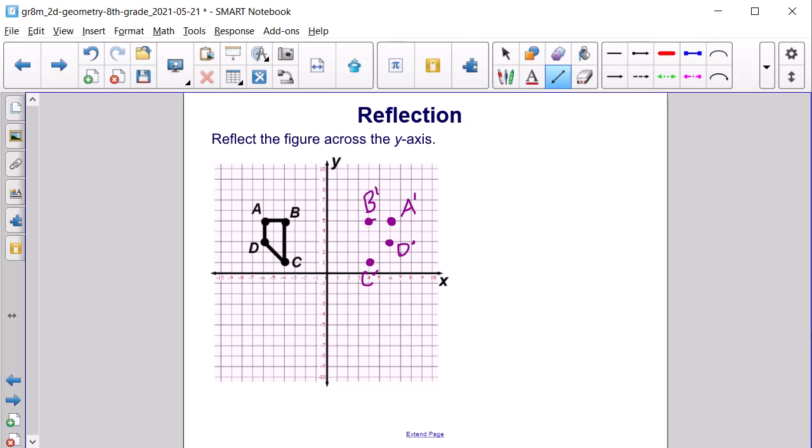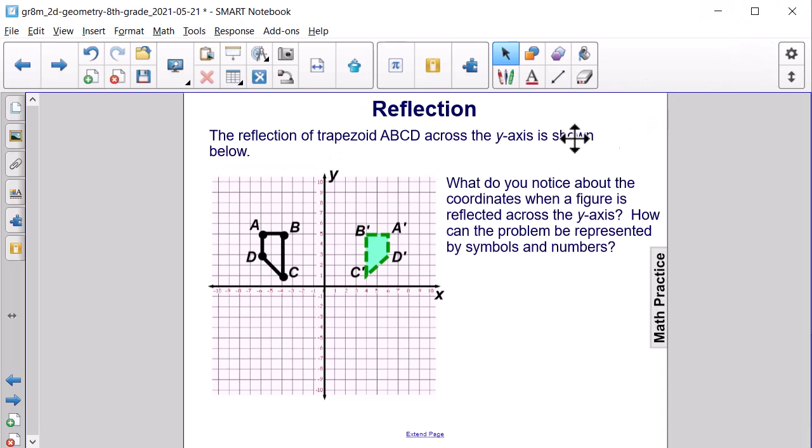And now we can connect all of our points with line segments to create our trapezoid A prime, B prime, C prime, D prime, which is a reflection of trapezoid ABCD across the y-axis. The reflection of trapezoid ABCD across the y-axis is shown below to give us trapezoid A prime, B prime, C prime, D prime.